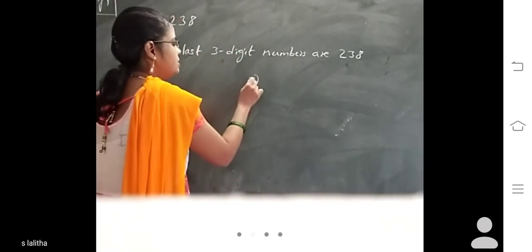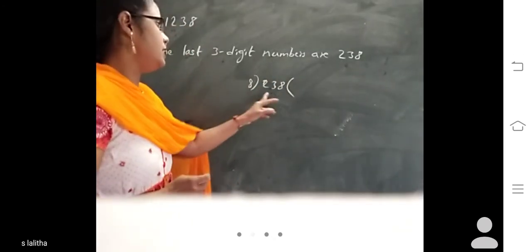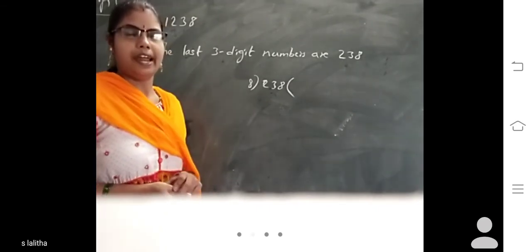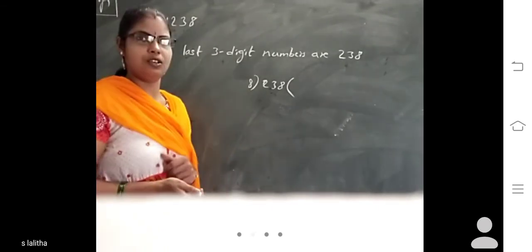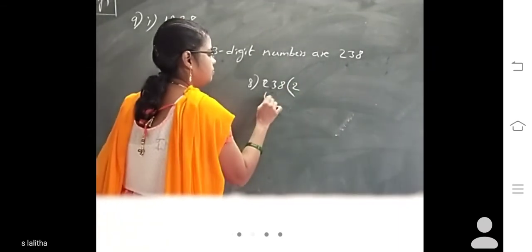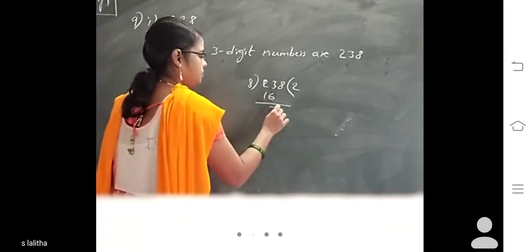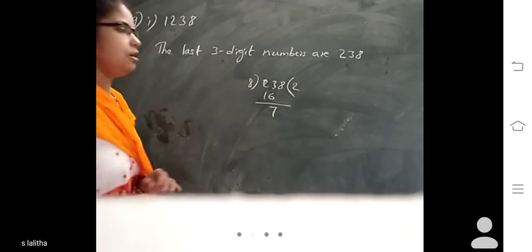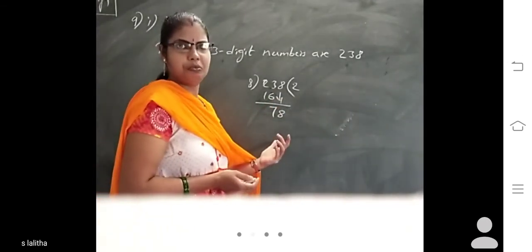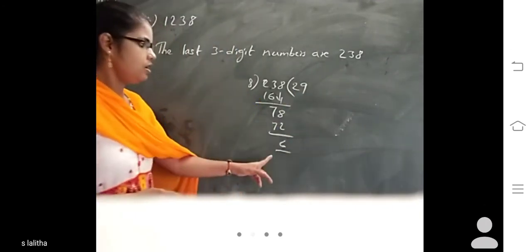23 is there. Which number do you have to take? 24 is bigger than this. So 8 times 2 is 16. 23 minus 16 is 7. Now bring down 8. Is 78 divisible by 8? No. 8 nines are 72. So 6 is the remainder. It is not remainder 0. Here 6 is the remainder, so it is not divisible by 8.